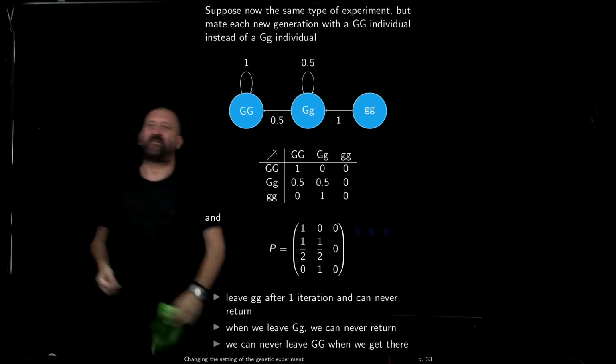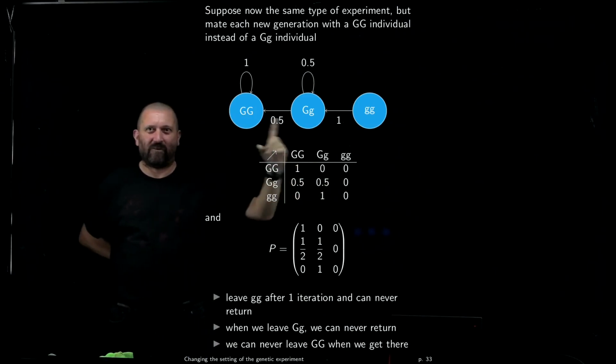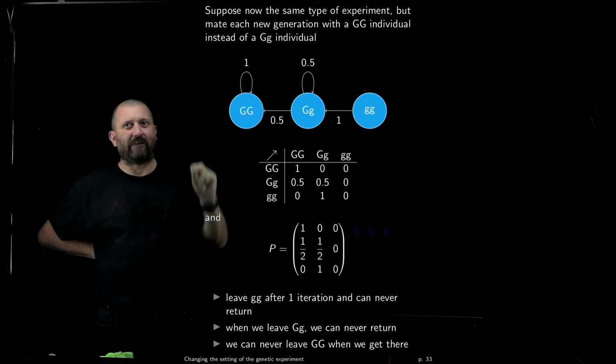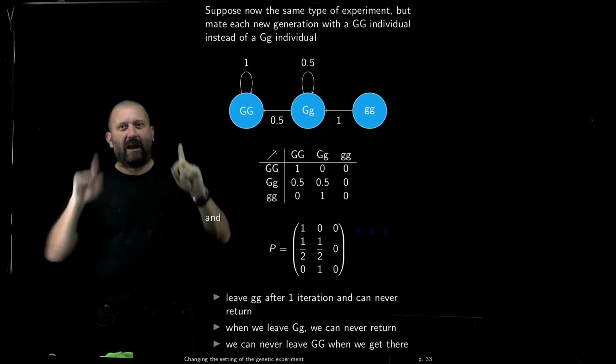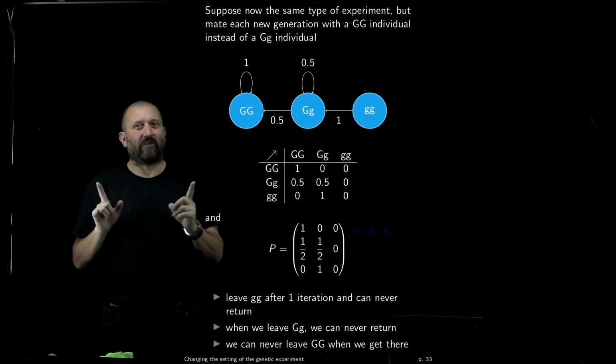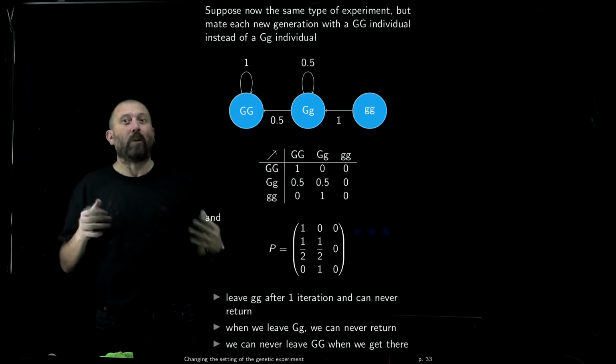Okay, so the graph is the following. So what you are going to do is, remember, you're mating with capital G. And if you recall, when we have two parents that are capital G, so two parents that are dominant, of course the outcome can only be dominant.